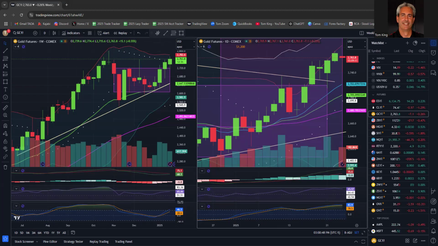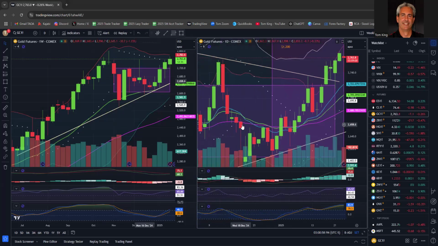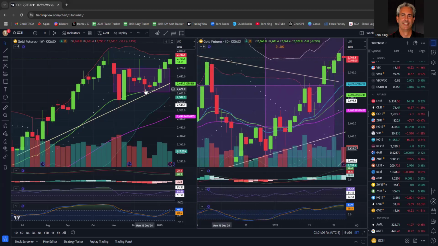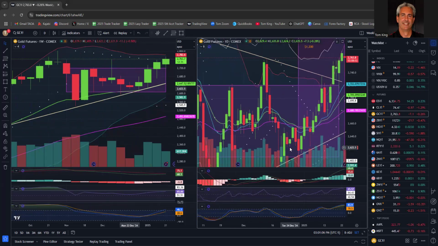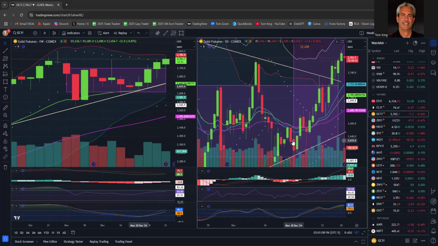I closed a put spread. So I had a put credit spread on gold closed for a 50% winner. Took a little bit of time. But again, because I'm a reversal trader, I put that on back in December. I put that put credit spread on December 9th.